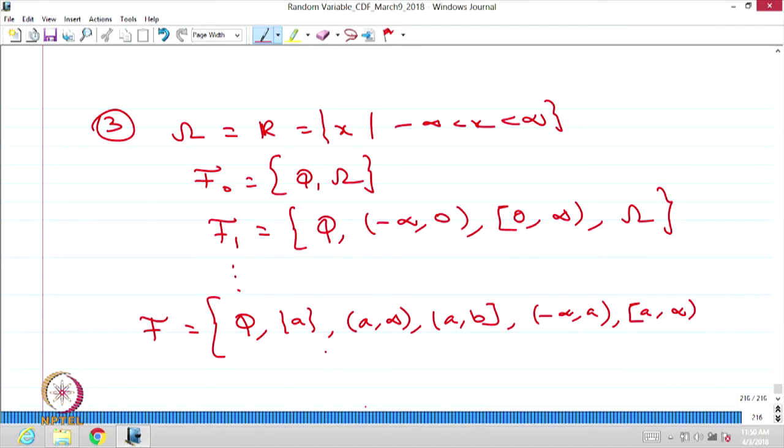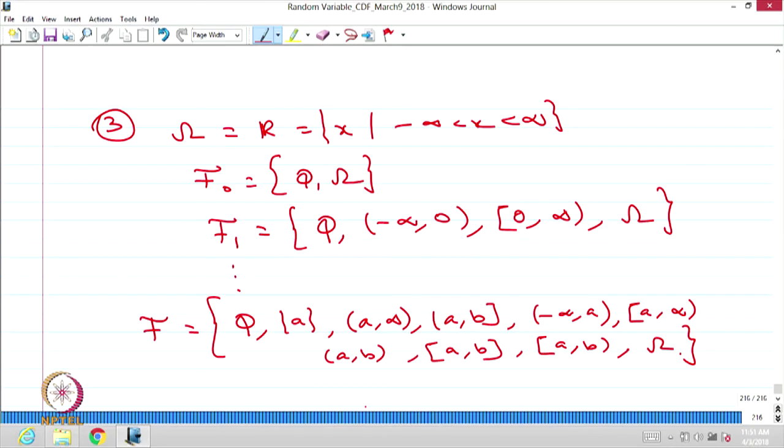It is also of the form A to B open interval, both closed, and closed interval A, open interval B. Here both A and B can take any real number. So these are all the combinations of different real numbers, and one more element, that is omega also.